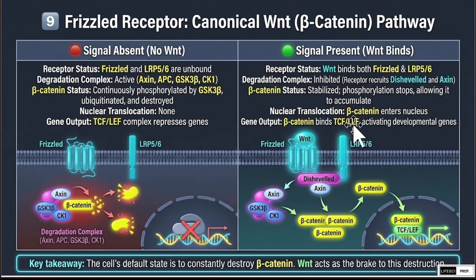In the Frizzled receptor, there are two types, the canonical Wnt pathway and the non-canonical pathway.